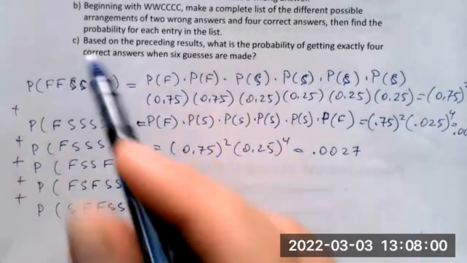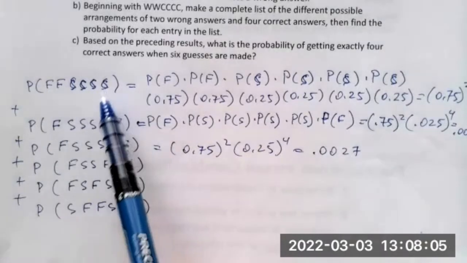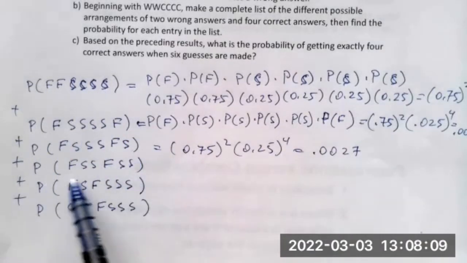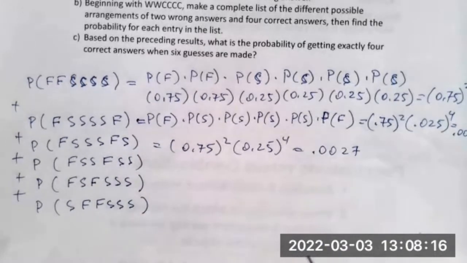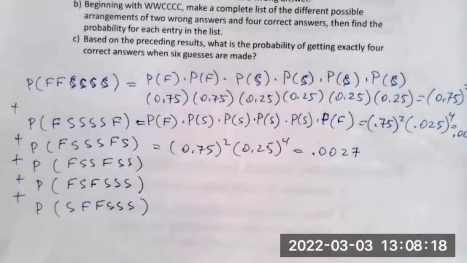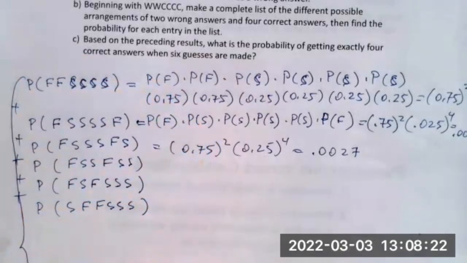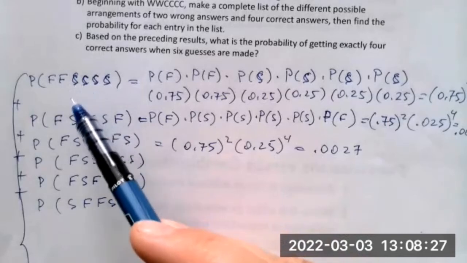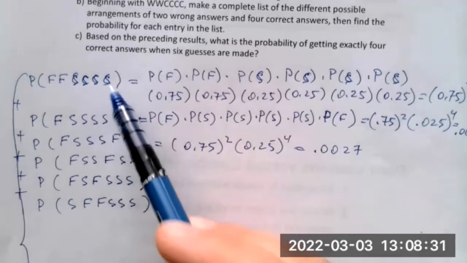Okay, because we're gonna get 2 wrong and 4 correct either this way or this way or this way or this way, and or results into addition rule. So if we want to figure out the total probability, we need to figure out how many ways can we configure 2 failures and 4 successes.